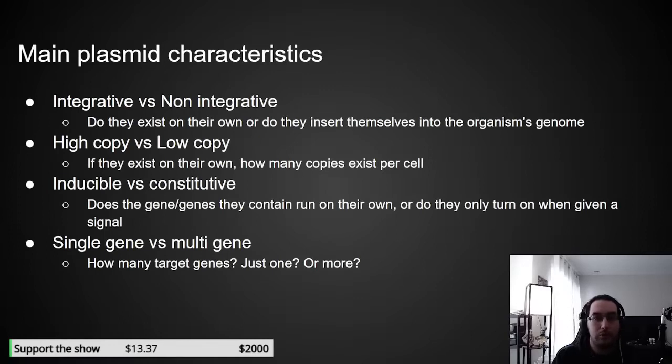The cases where you would want something to be inducible is in the context of something where if it just runs on its own, it might break something. Or you want to be able to very carefully control the level of that protein. So let's say the protein that you're trying to make is an enzyme, and that enzyme makes a chemical.